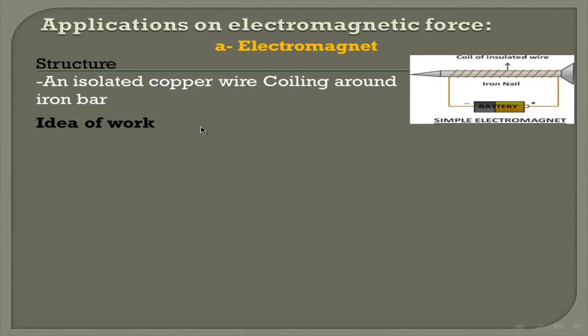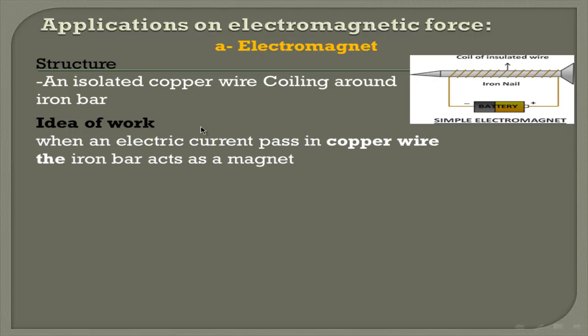The idea of how the electromagnet works: when the electric current passes, when the positive and negative charges produced from the battery pass through the copper wire coiled around the iron nail, what will happen to this iron? This iron will change into a temporary magnet.